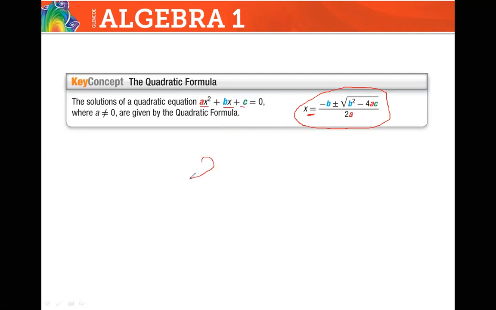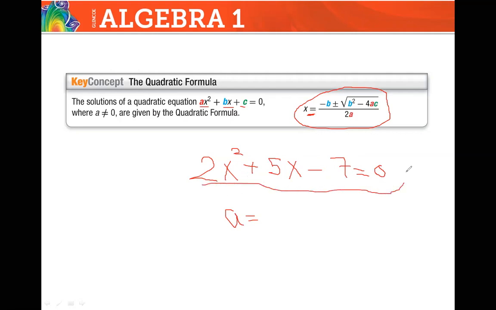If I write, for example, 2x squared plus 5x minus 7 equals 0, Sammy, what does a equal?